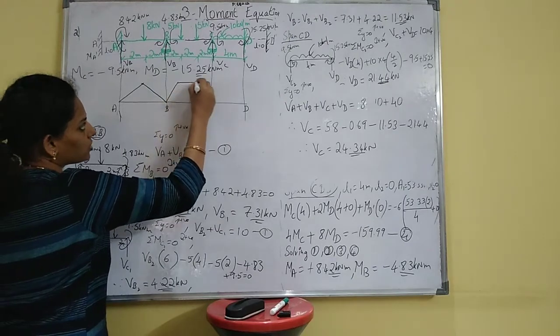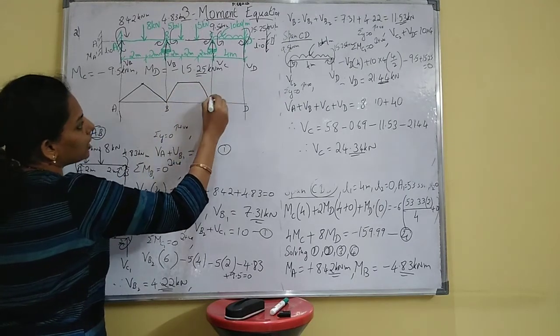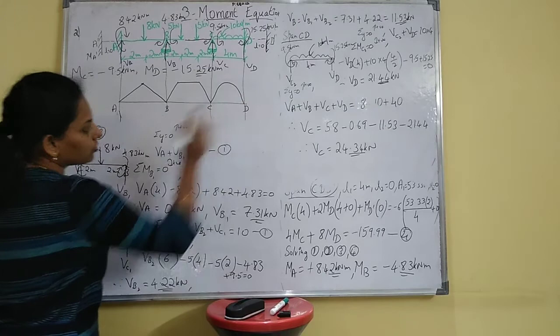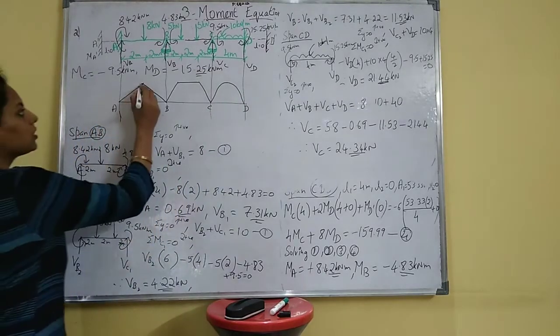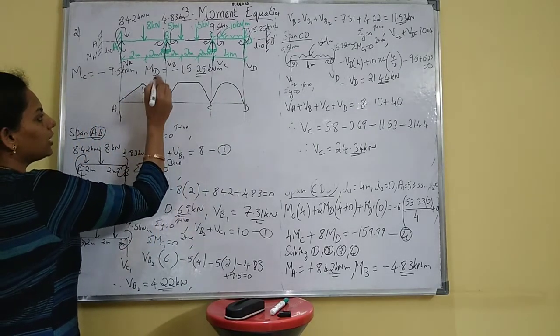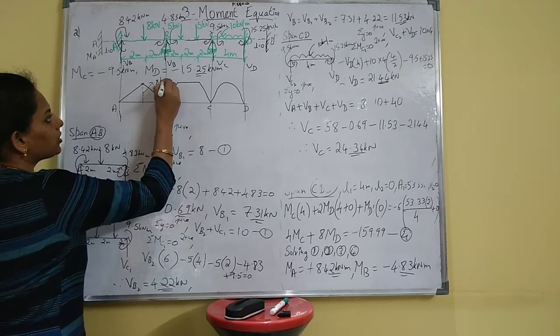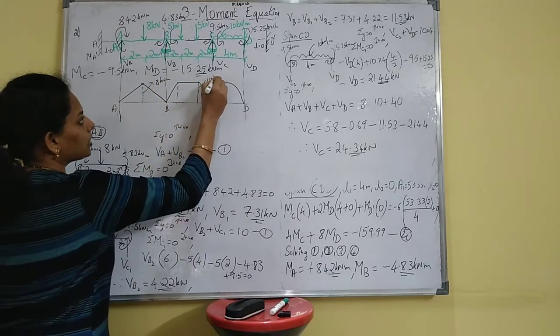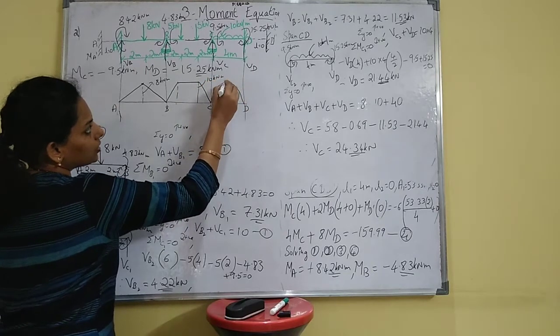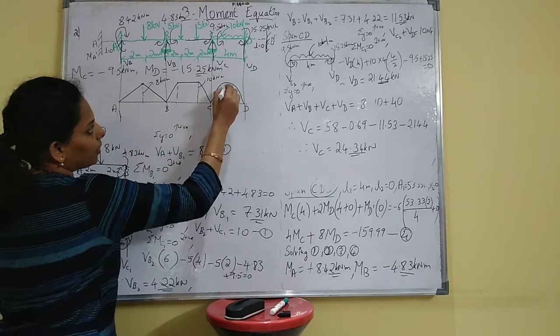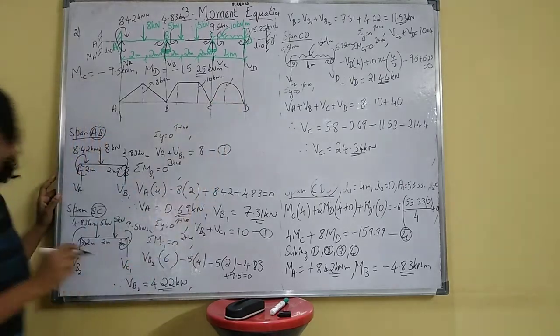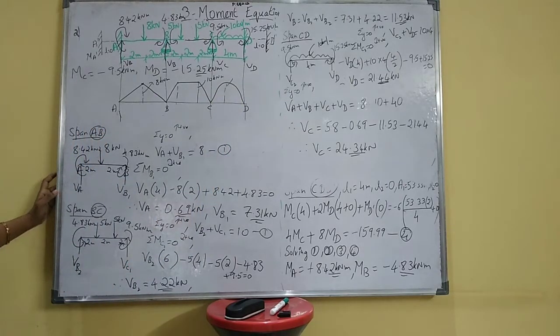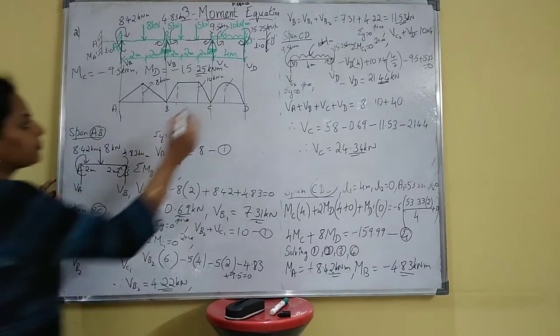Here you have trapezoidal variation, and here you have UDL. With the value, this already you know that this is 8 kilonewton meter. Here you have 10 kilonewton meter, and at this point you have maximum, that is 20.